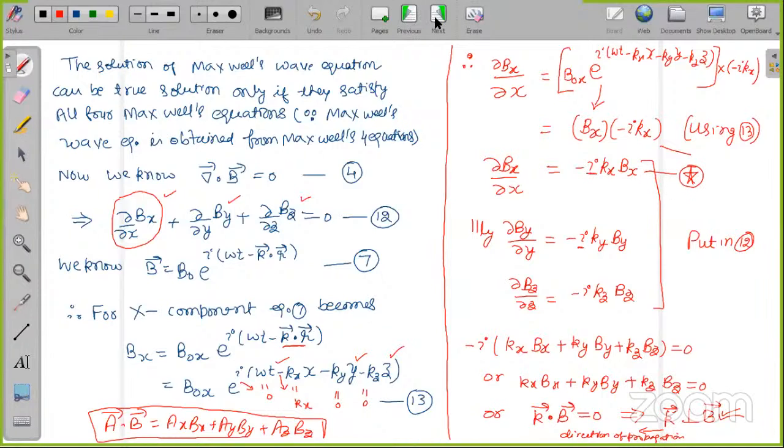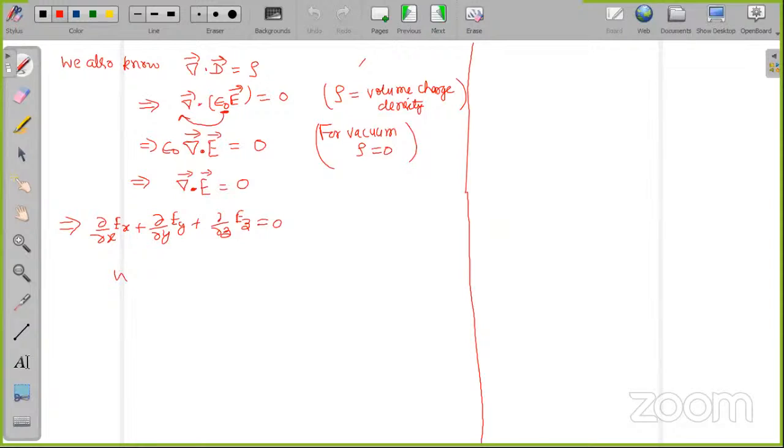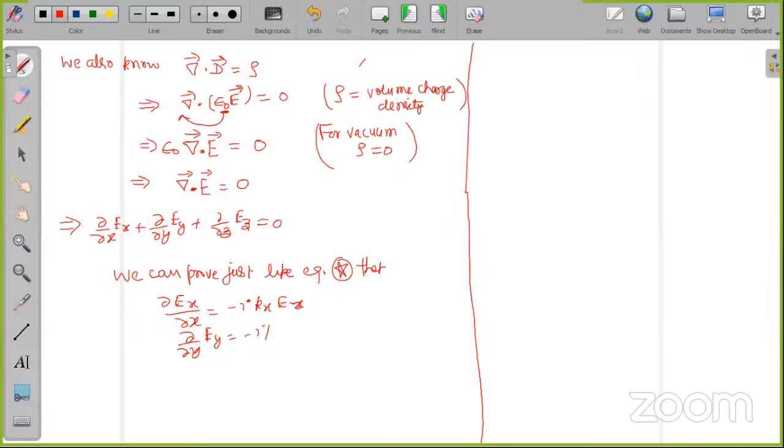Just like equation star, you can prove that curly Ex upon curly x will be equal to minus iota kx Ex, curly upon curly y of Ey will be minus iota ky Ey, and curly upon curly z of Ez will be equal to minus iota kz Ez.